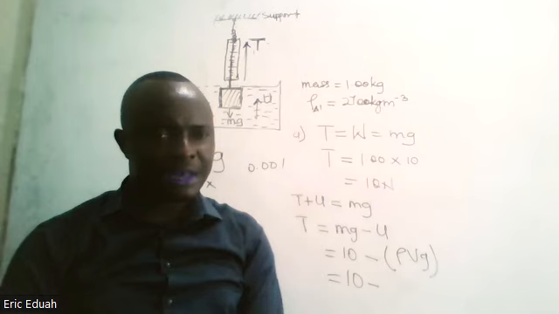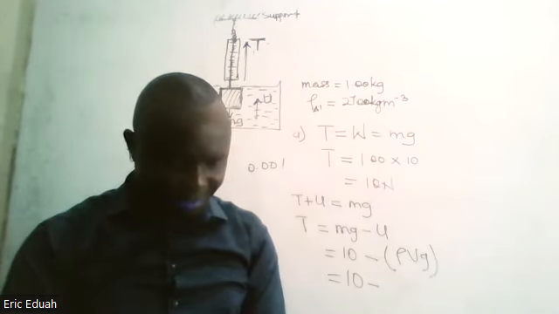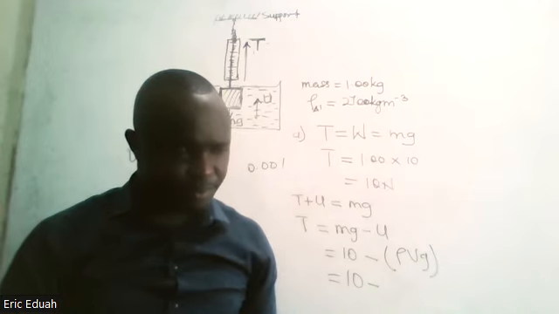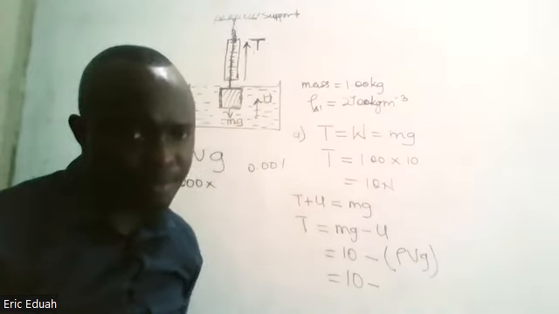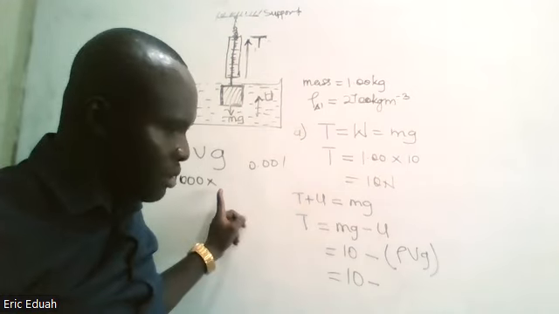Asumani, quick one. What's your difficulty here? The part where the 1,000 came from.